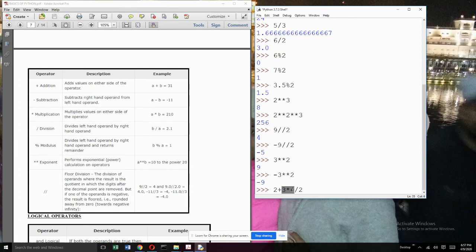So first it will be 3 into 4, which is 12. 12 divided by 2 will be 6. And then 6 will be added with 2 to give you 8.0. Why is the answer in float? As I told you, the division operator gives you a floating number. So this is all about the precedence of the operators, which you should know.